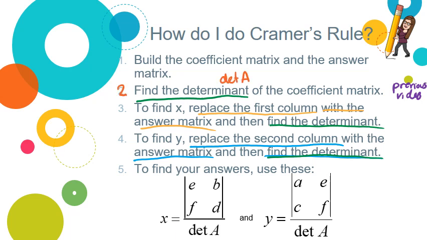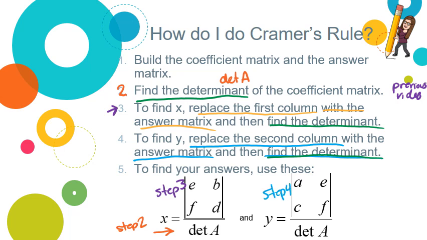So the denominator is from step 2. And then this numerator would be from step 3, and y is from our step 4.